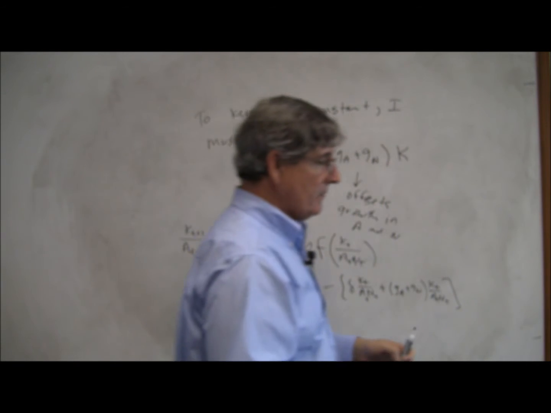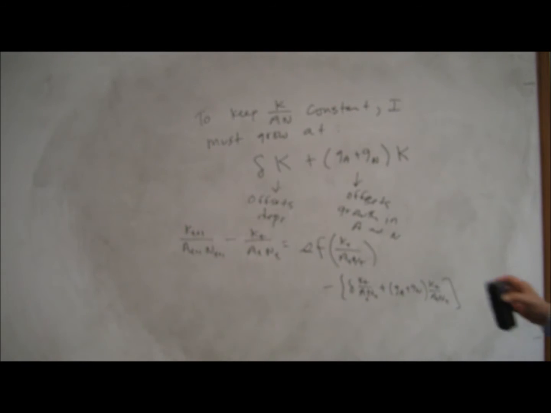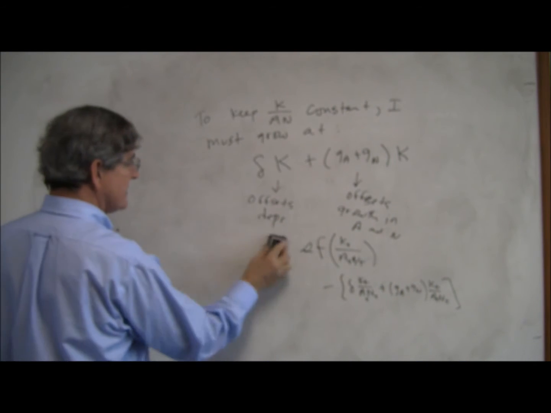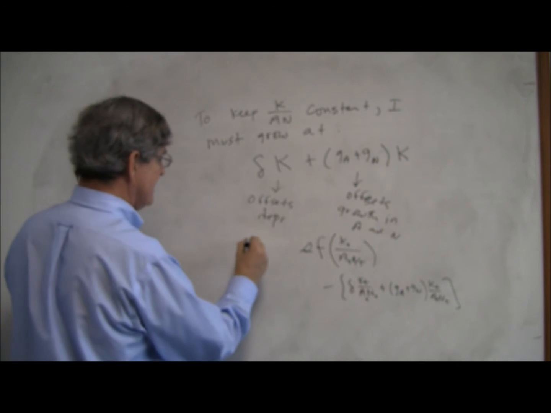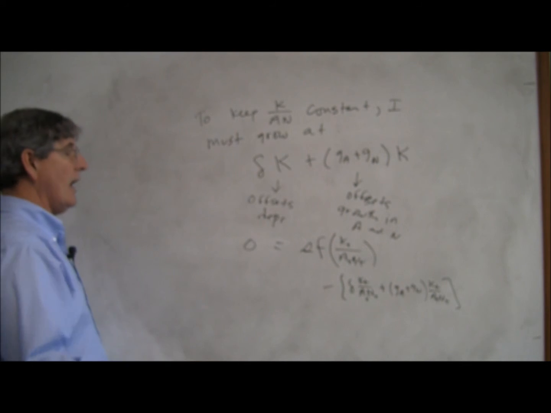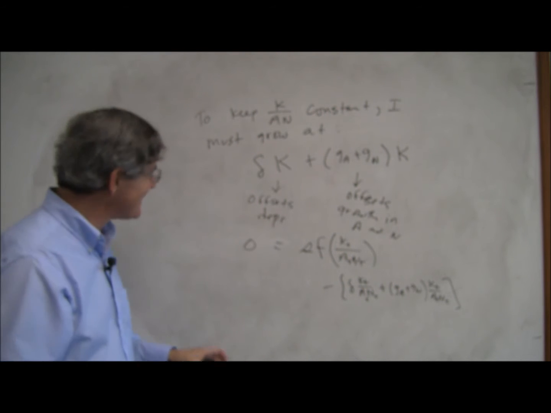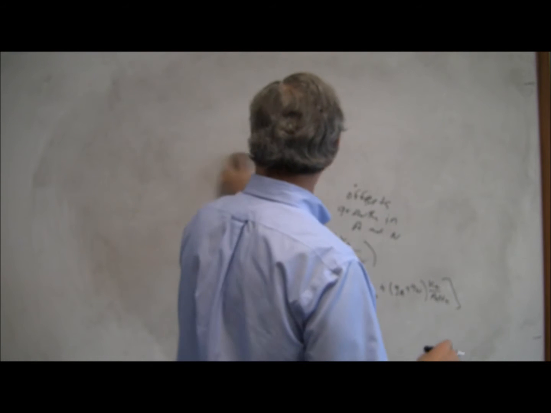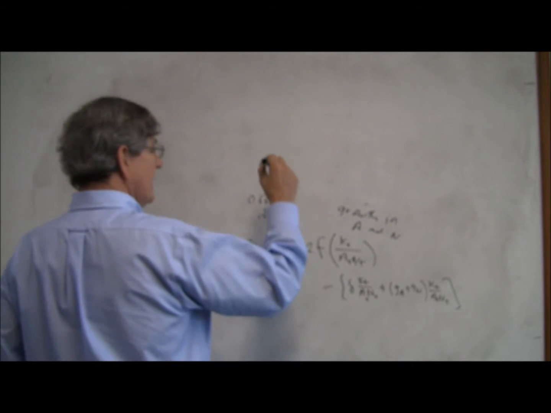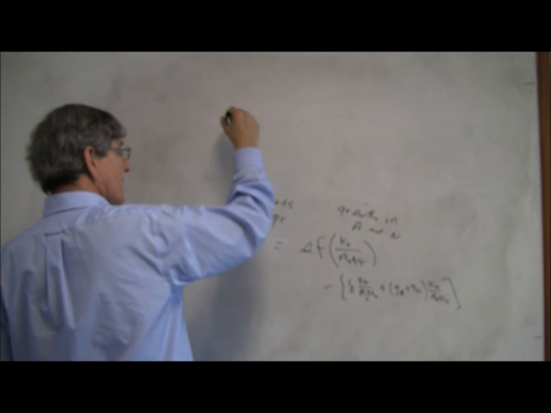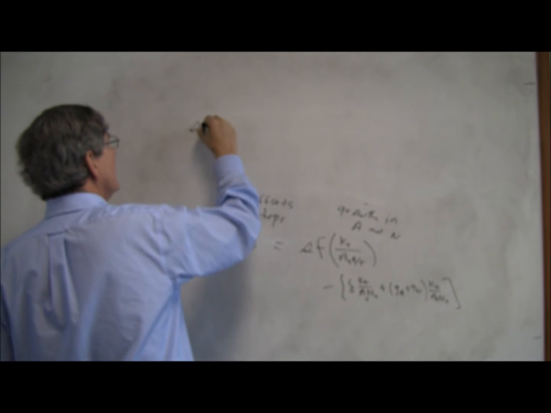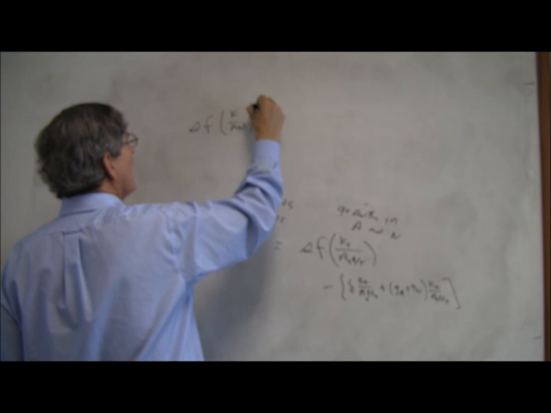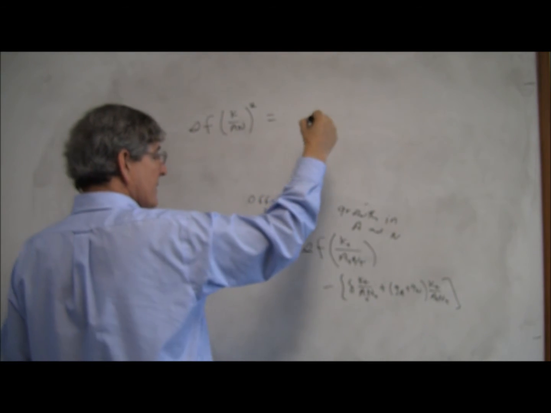So the condition for a steady state is that this has to be constant. We want to keep K over AN constant. So a steady state means that this is 0. You might want to write another line. Pause. You know how that works. Okay. So the condition for a steady state, and I'll use stars, is that s f of K over AN star equals what?